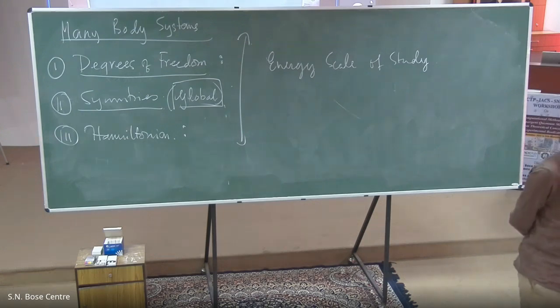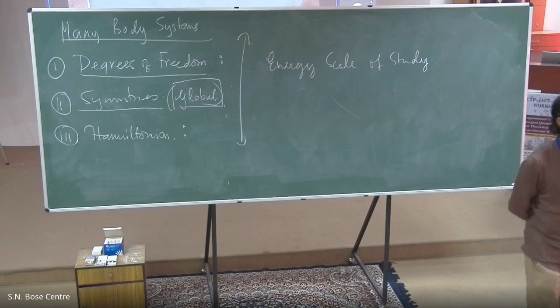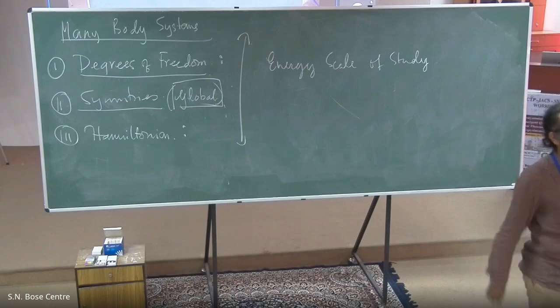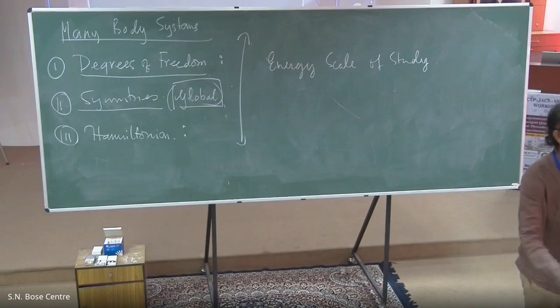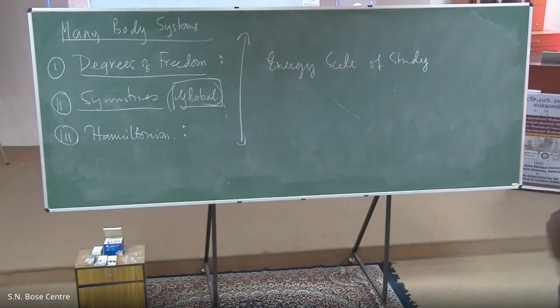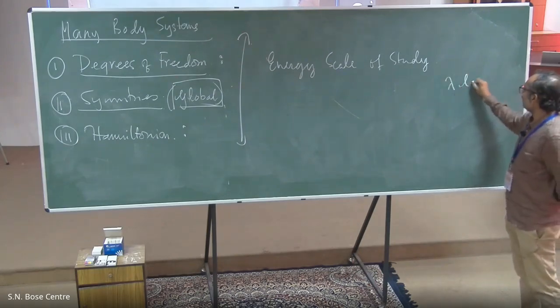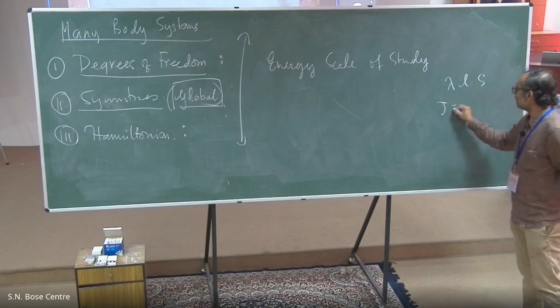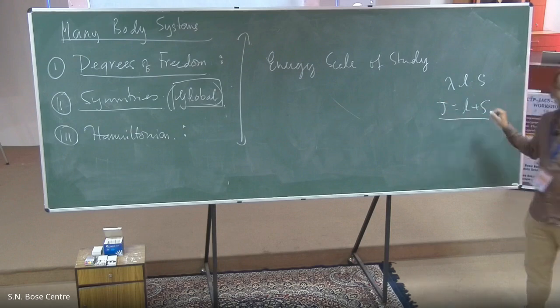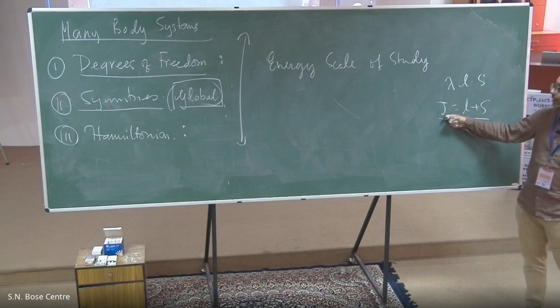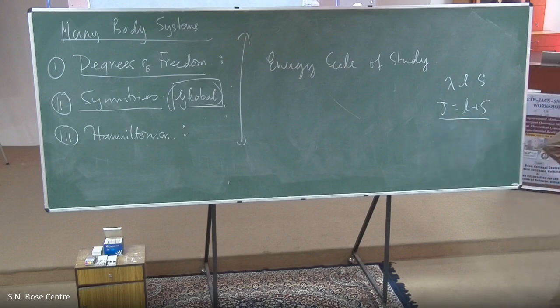More carefully, you would have to do a Clebsch-Gordan decomposition of both the symmetry groups corresponding to the external and internal, and some of the symmetries, which are a combination of the two, would survive. So when I have L dot S, this J, which is L plus S, is the right thing, and I would like to consider the symmetries under rotation by J. That's one example. The example that I gave is another.